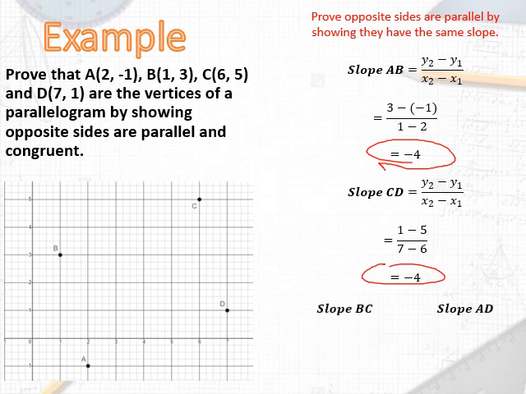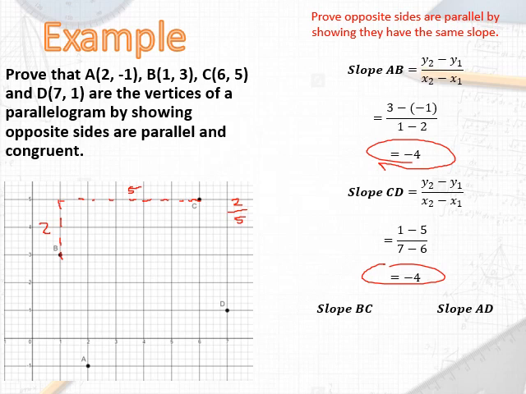Now let's look at maybe a different way of doing this. So the slope of BC and the slope of AD. If I wanted to do the slope of BC looking at my picture, I would say, all right, what is the rise over run? I've got a rise of 2 and a run of 1, 2, 3, 4, 5. So that would make my slope, rise over run, 2/5.